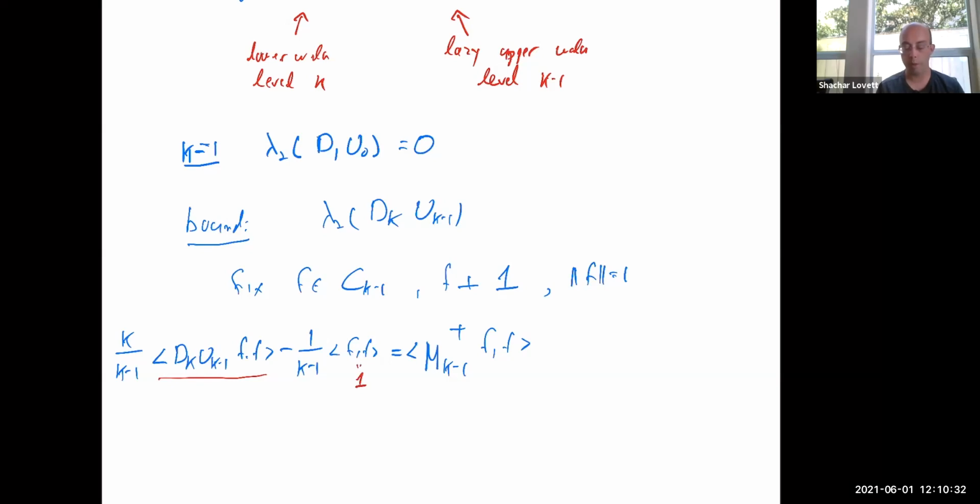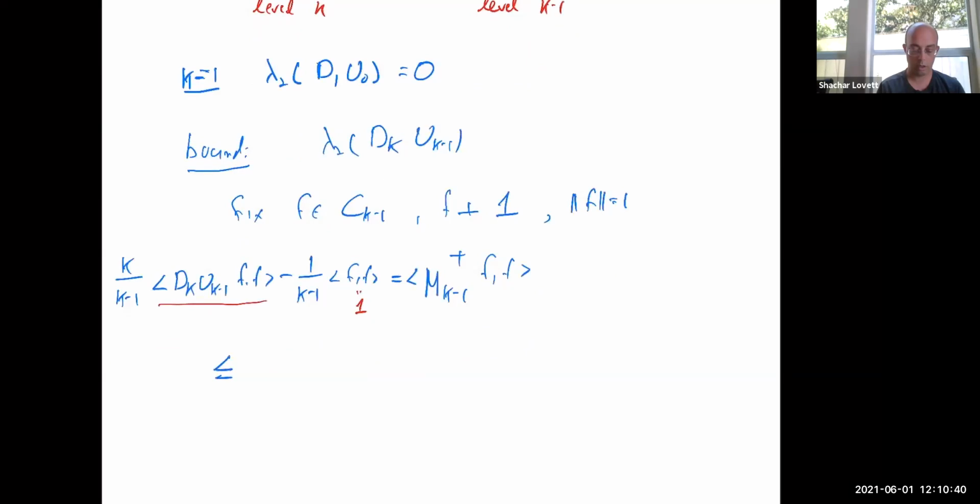Now we use the bound that we have on M_{k-1}^+. Using the star inequality, we can bound this as (1 minus gamma_{k-2}) times U_{k-2} D_{k-1} applied to f, plus gamma_{k-2} times f.